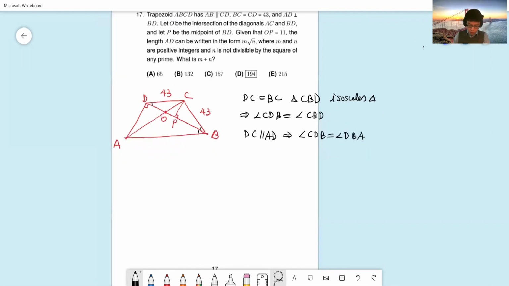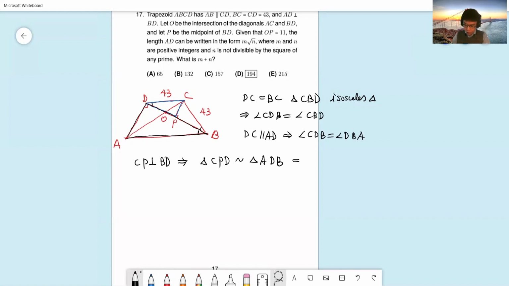And because CP is perpendicular to BD, we have the following similar right triangles. Triangle CPD is similar to triangle ADB. Let me mark here CPD, the blue one, is similar to triangle ADB because we have AD perpendicular to BD.